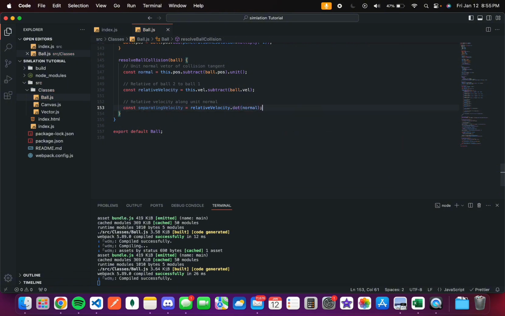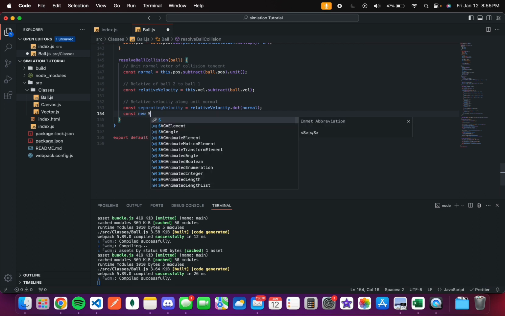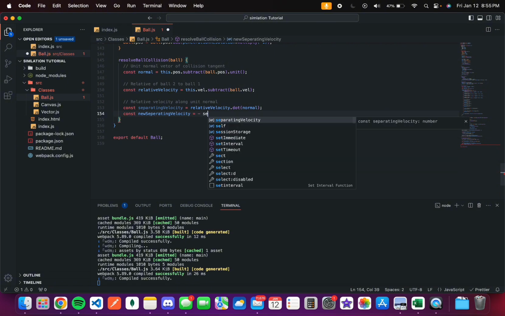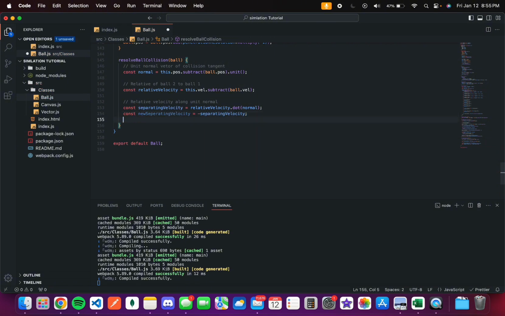We're also going to create a new separating velocity. We don't really need to create this right now, but I'll show you why later on. And this is going to just be the negative of separating velocity. And I'll show you why this is the case later on.